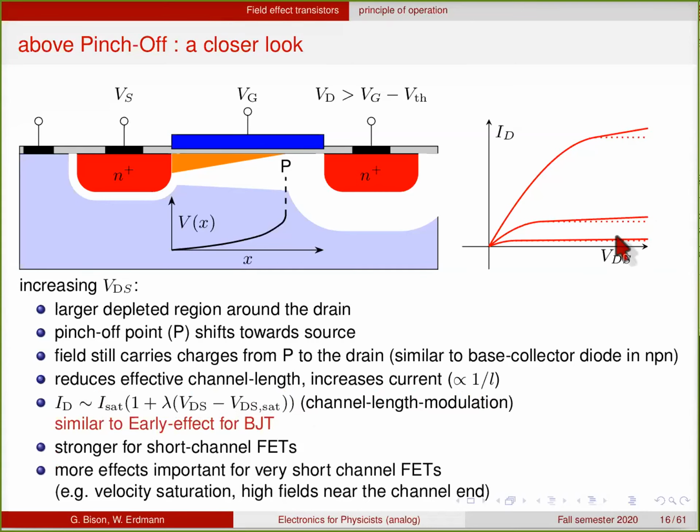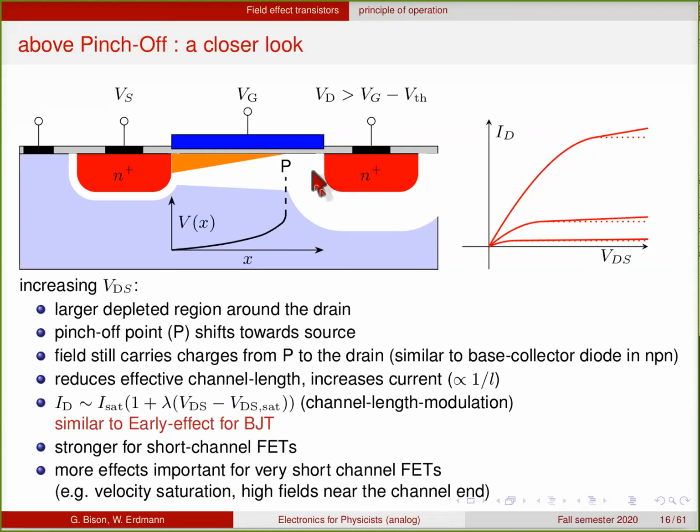This effect is, of course, much stronger when the channel is shorter anyway. So if you have a very long channel, it doesn't matter that this changes a little bit. But if your channel is very, very short, then this has a significant effect. On the other hand, once you have very short channels, there are many other important effects that we will not go into here.